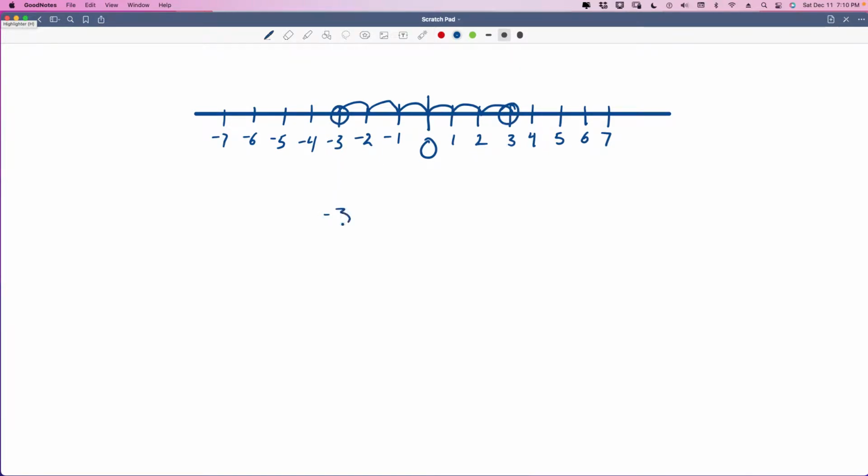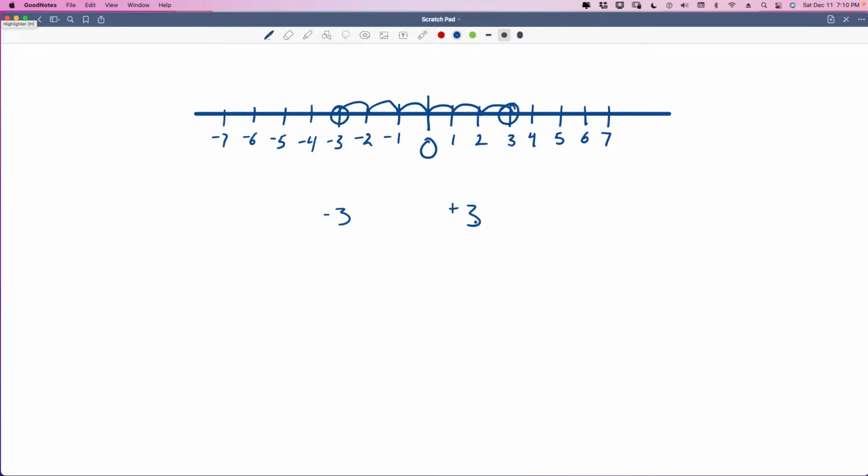One is negative, one is positive. That's not a 4, that's a 3. So we can say that the difference between these two opposites are their signs.